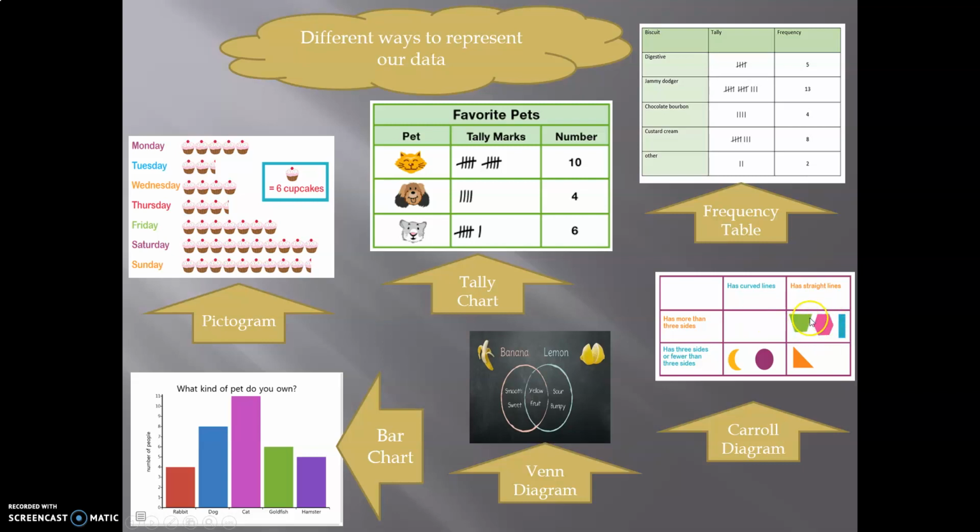If you look to this part of the Carroll diagram, this part is for the polygons that have straight lines and have more than 3 sides. But if you take a look here, in the Carroll diagram, this part is for shapes that have curved lines and have 3 sides or less. Okay.